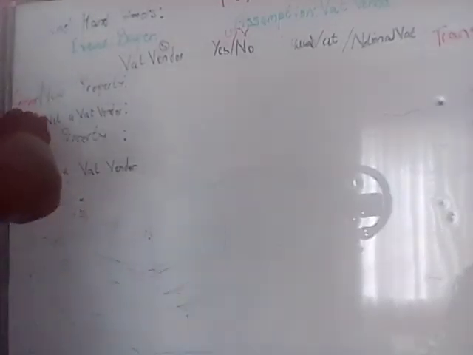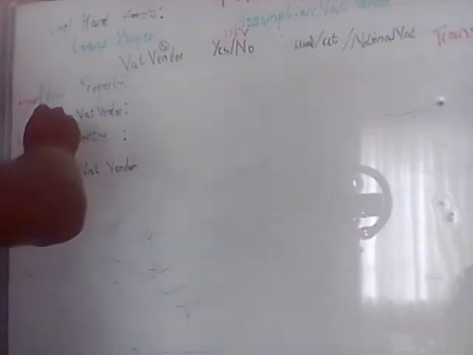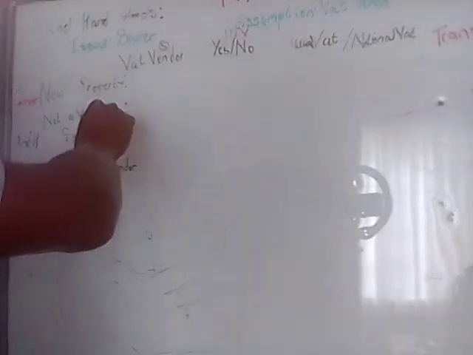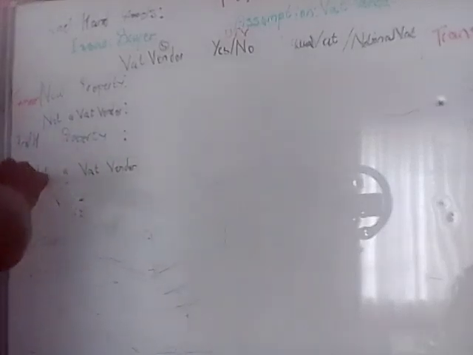So the new line that we'll likely be dealing with is commercial accommodation. Then I've also got a line here which says not a VAT vendor. Then the second part is for second-hand property, and I've also got a line here stating not a VAT vendor.